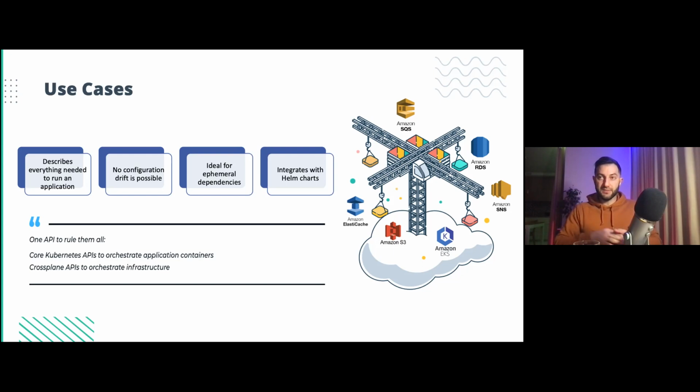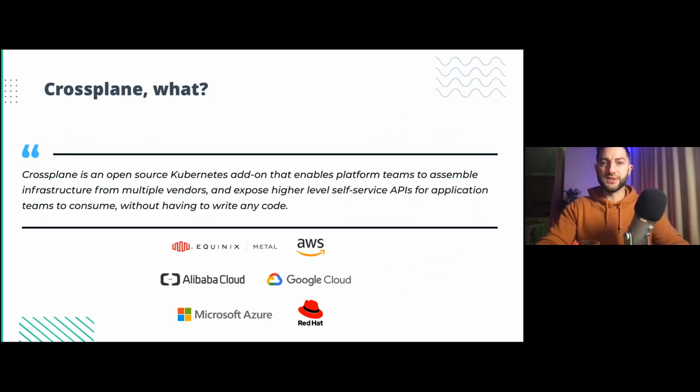So Crossplane and Kubernetes, as you can see, have the ability to use both APIs. With one Helm chart, you can control the Kubernetes resources, and with Crossplane, you can use Amazon cloud resources. And I'm sure that I showed you the list of the supported clouds. As you can see here, we have Equinix, Amazon, Alibaba Cloud, Google Cloud, Microsoft Azure, and of course, Red Hat.